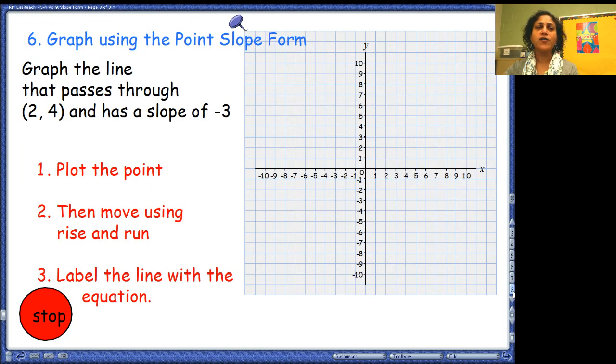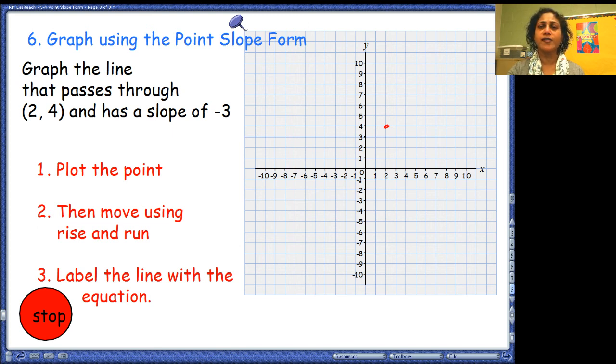And so how do you graph using the point slope form? Let's say you have to graph the line that passes through (2, 4) and has a slope of -3. So you are going to first plot the given point. In this case it's (2, 4). So we're going to go (2, 4) right here. And then you're going to start moving, use the rise and the run.